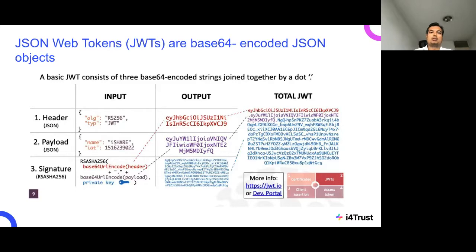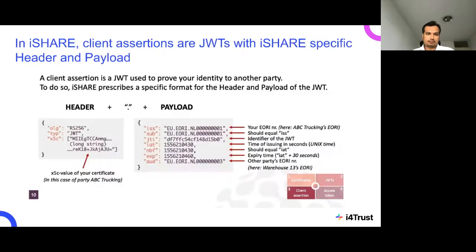The first part you see in red is the header, next is the payload, and third is the signature part of the JWT. This is how all JWTs are formatted, and when you send it across to another party, they know this is how the JWT is structured, right?